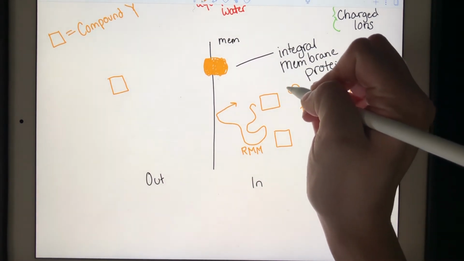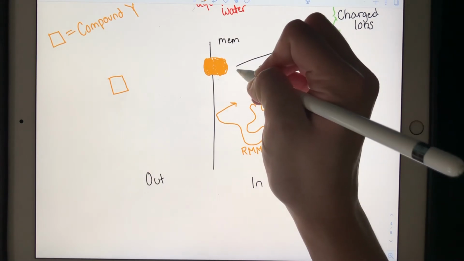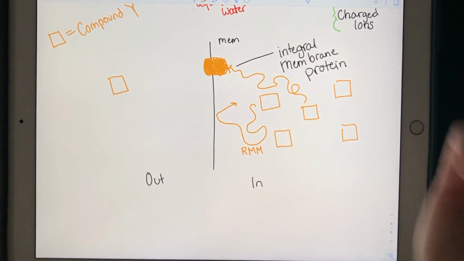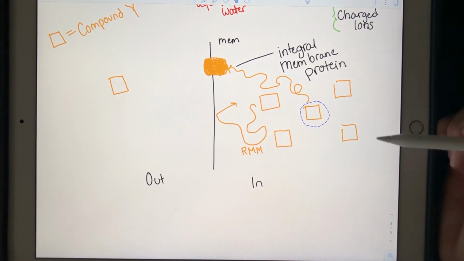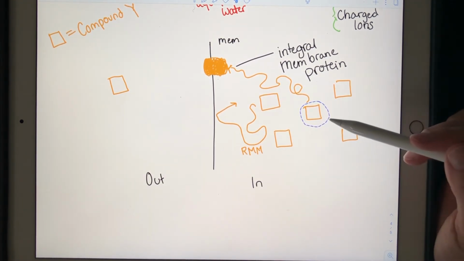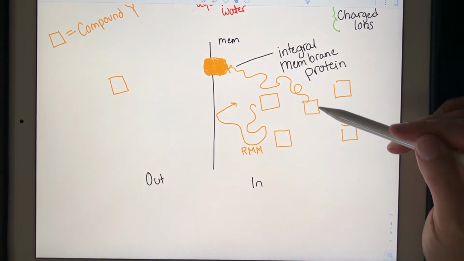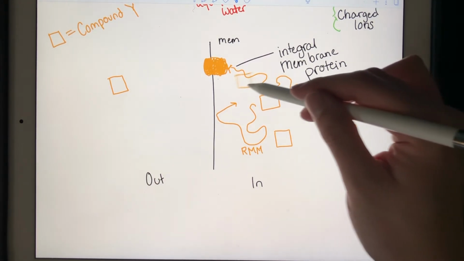Sometimes you get this motion and then they hit the integral membrane protein channel. That is a great thing when we're considering our need for equilibrium. Because this guy's moving around, he's doing his own thing.